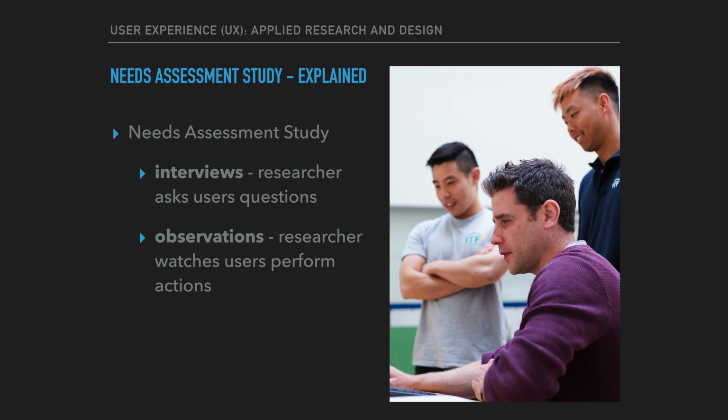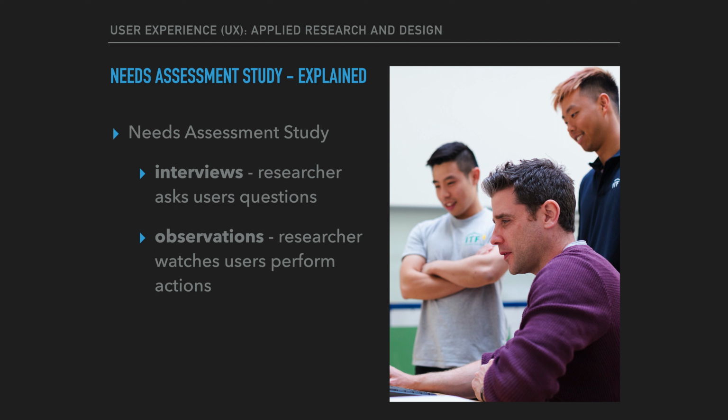Specifically, two activities are performed during a needs assessment study: interviews and observation. Interviews are when the researcher asks users questions. Observations are when the researcher watches users perform actions on a system. Common to the UX research process is to include both the interview and observation as part of one session.